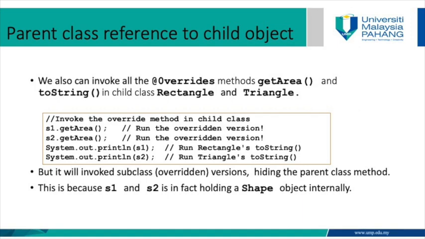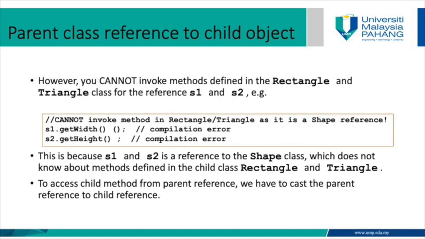It will invoke the subclass, which means the overridden versions will hide the parent class methods. This is because s1 and s2 are in fact holding a Rectangle and Triangle object internally. However, you have to remember that you cannot invoke methods defined only in the Rectangle and Triangle classes for the references s1 and s2.